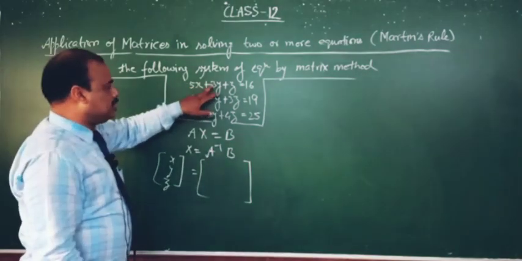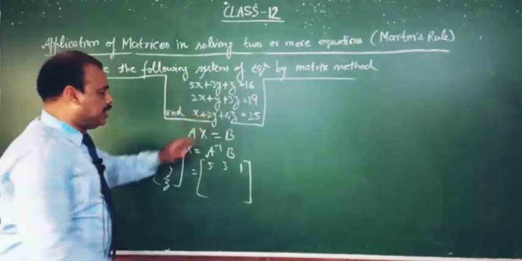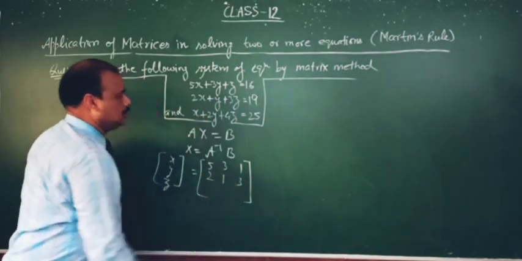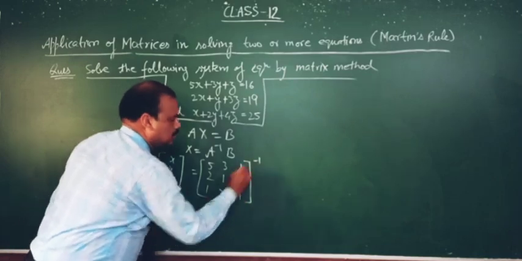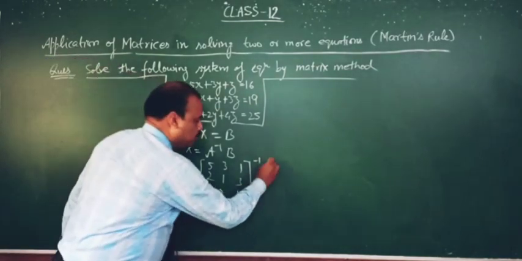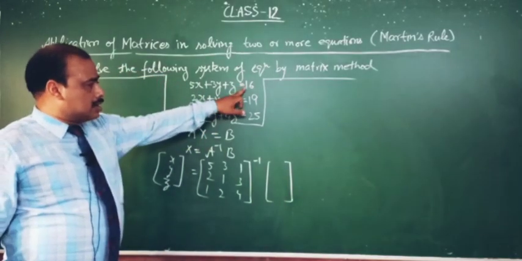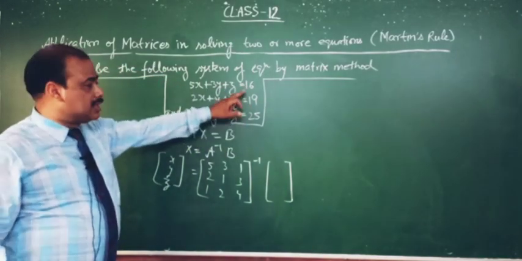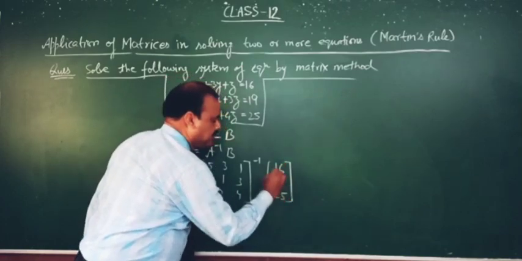It means 5, 3, 1, 2, 1, 3 and 1, 2, 4, into the B matrix. B is the matrix of constants. It means 16, 19, 25.